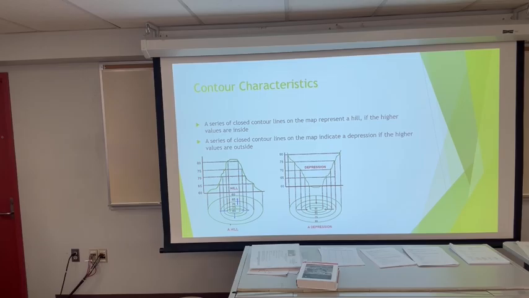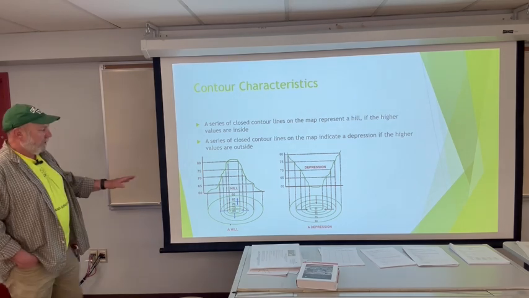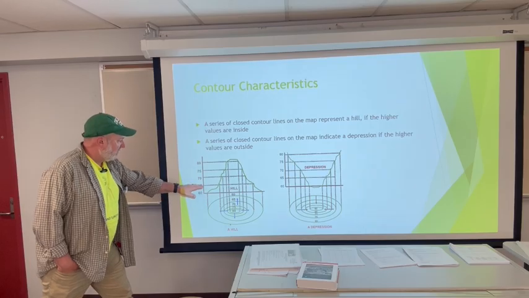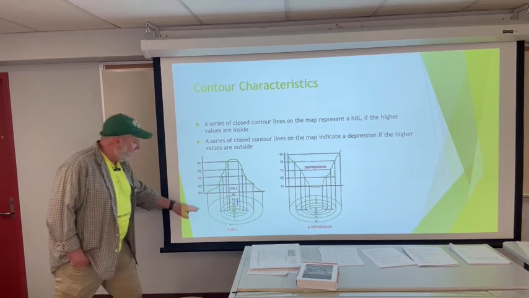Some other contour characteristics here. If you have a series of closed contour lines, that represents a hill if the higher values are on the inside. So we're looking at elevation 60, 65, 70, all the way up to 80.